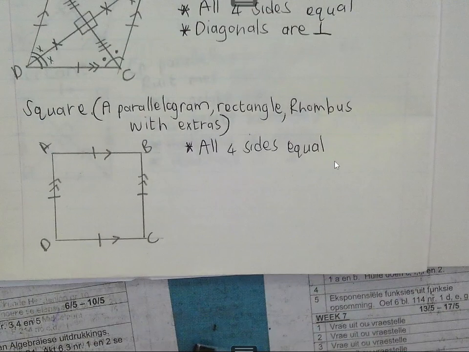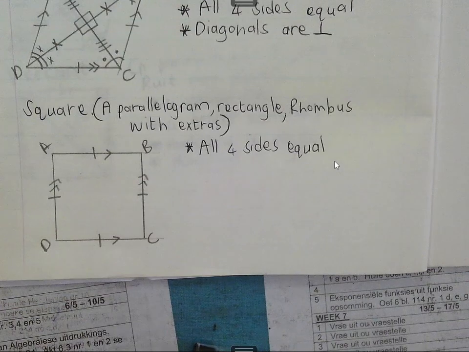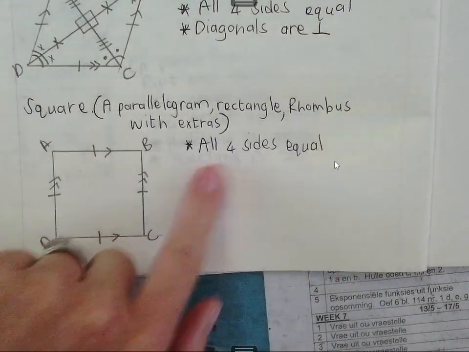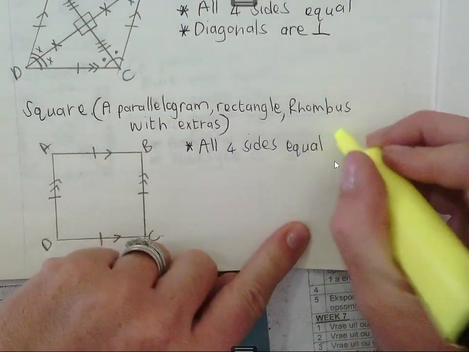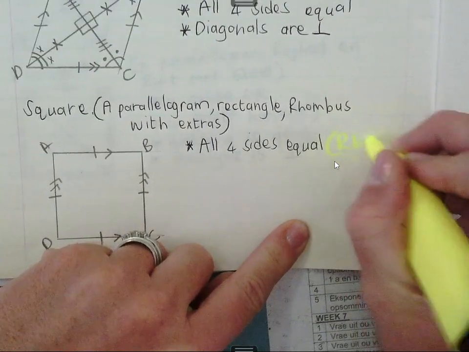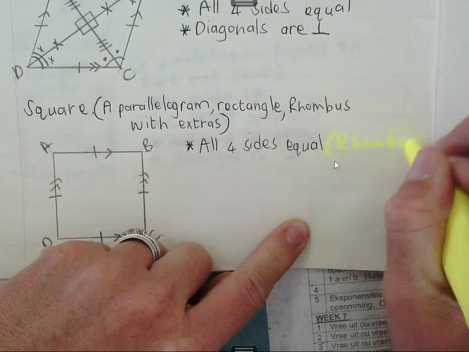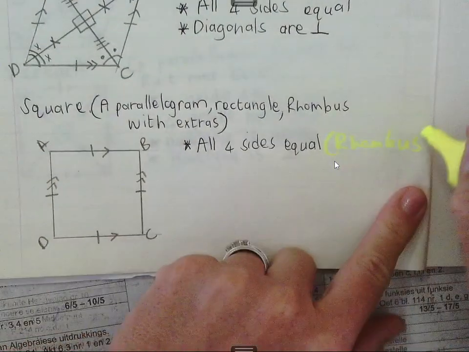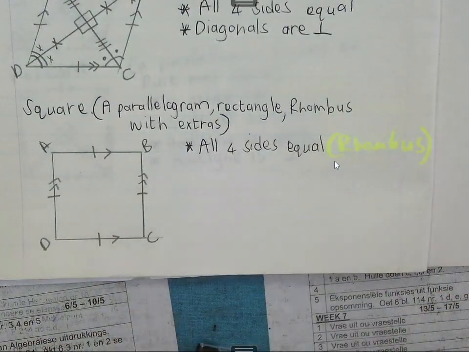But do you notice that if they tell me it's a parallelogram, and they want me to prove that it's also a square, and I prove that all the sides are equal, I haven't proven it's a rectangle, a square. If I only prove all four sides equal, I have proven a rhombus. You understand what I mean?